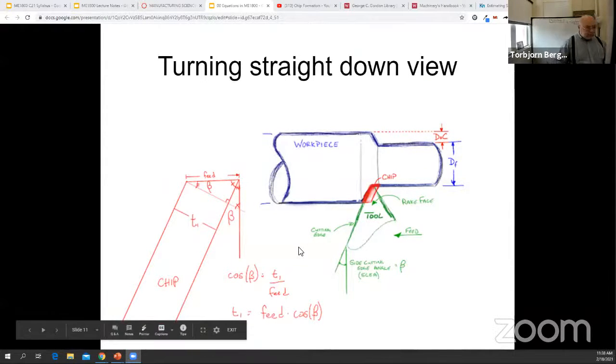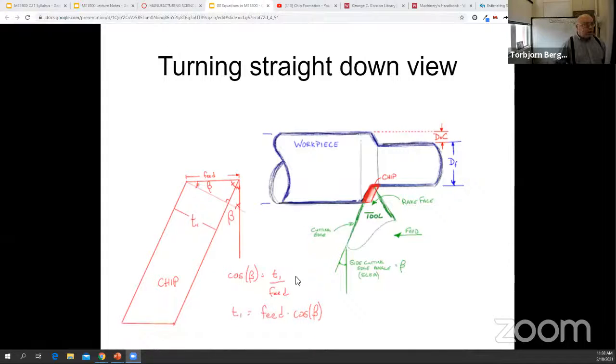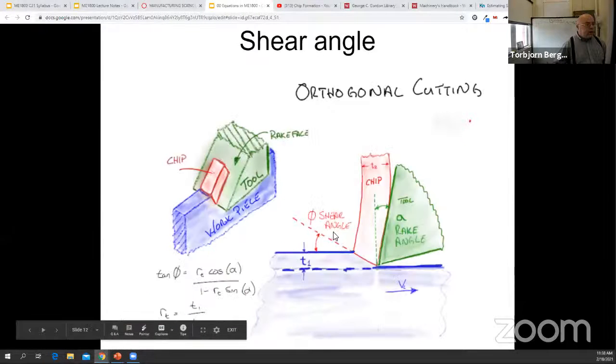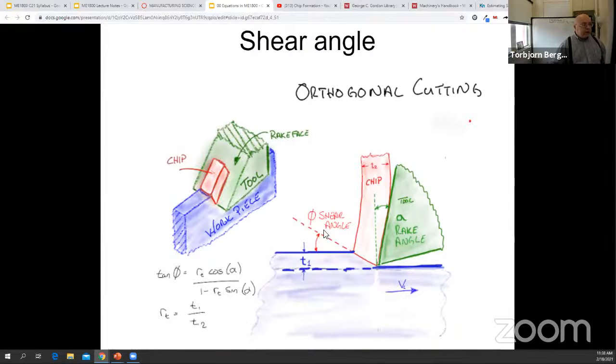A cool thing that we can figure out from the geometry of the cut here in our model, next slide, is that right here, as the tool's cutting across the material, it stops being workpiece and starts becoming chip.